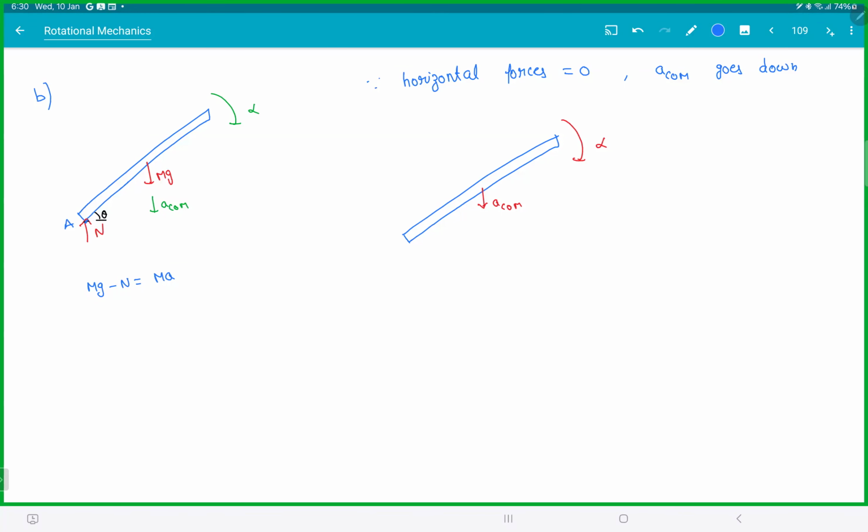Torque about center of mass will be, again, extend the vector for N, drop the perpendicular. That will be N into L by 2 cos theta is equal to I center of mass into alpha. We can't take torque about A. We can take, but A is accelerating, so you have to include pseudo force.